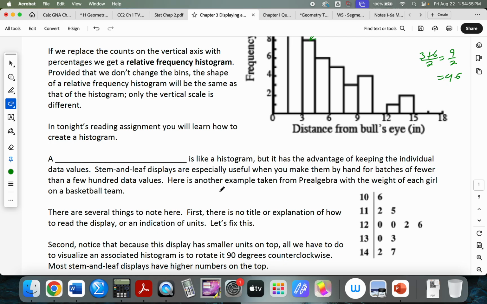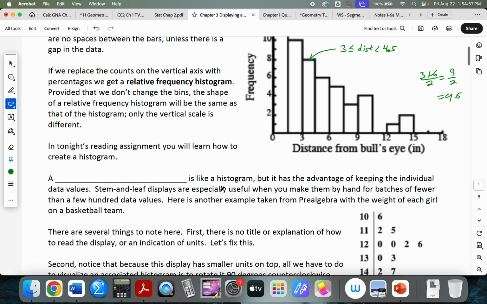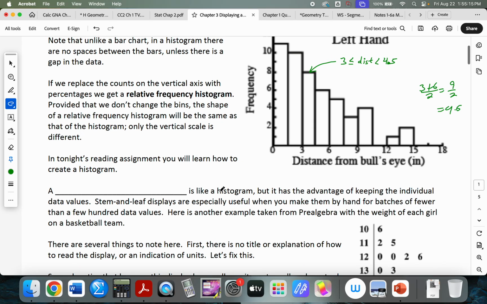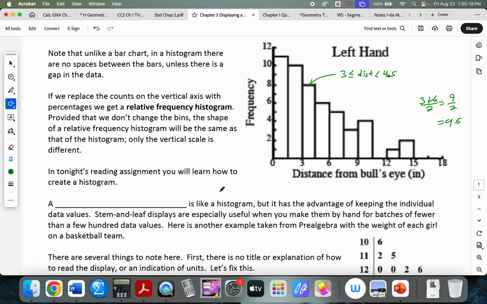So if you have forgotten or never learned, tonight's assignment, you'll learn how to create a histogram. One of the things that comes up is, well, how big do I make the bins? And that's always a good question, and there is no hard and fast answer for that. What I will say is you want to have some bins.